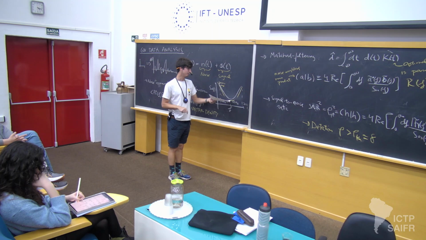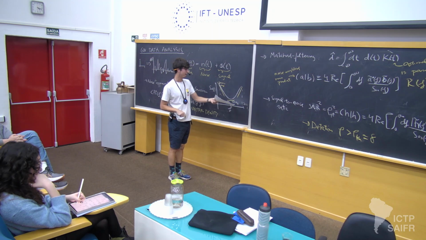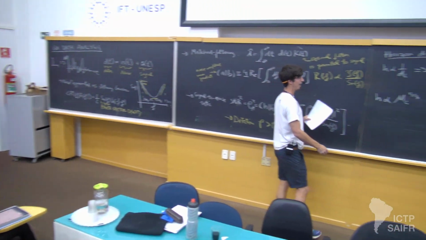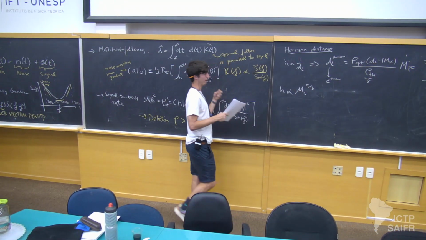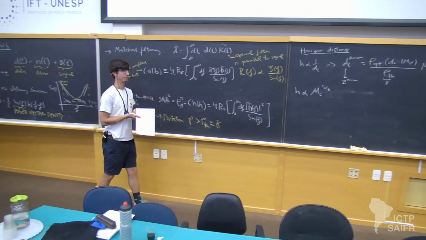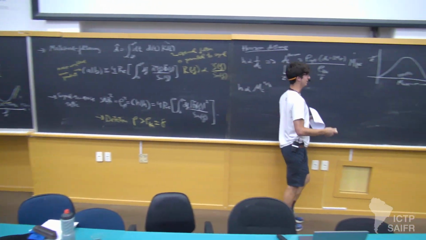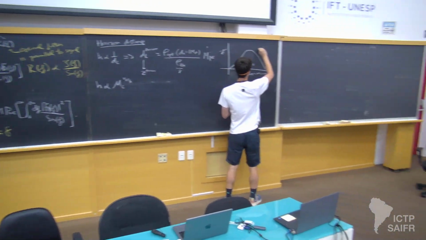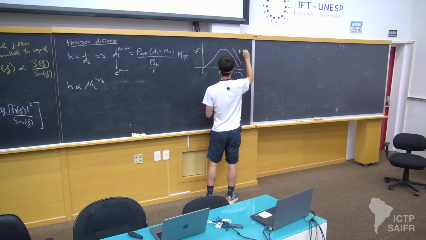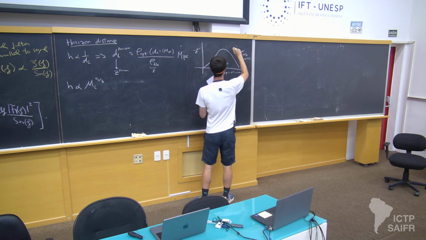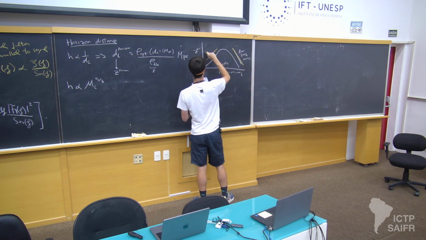So this tells you that you are mostly sensitive at 100 Hertz, which is also more or less where you have the chirp of signals of tens of solar masses. But essentially this is the low frequency noise, and this is the high frequency noise.